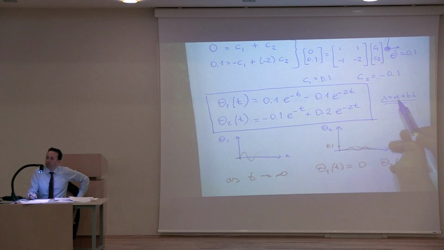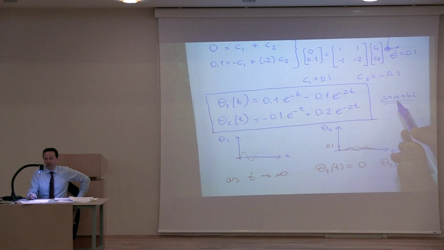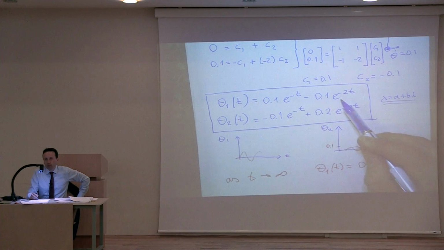And if a, the real part, is a negative number, this e will oscillate but go to 0. If a is a positive number, then this will oscillate but will grow to infinity.